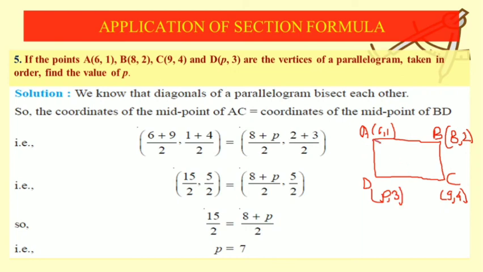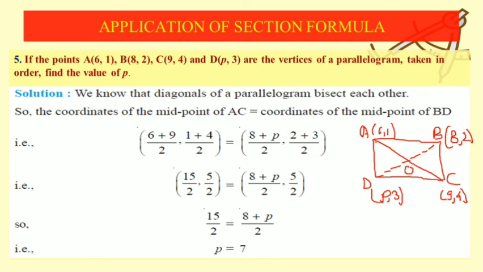If I take AC like this, and if I draw BD this way, to the point where these two will intersect, suppose this is O, this point of intersection will act as the midpoint for AC and BD both, because as we discussed, the diagonals of a parallelogram bisect each other, so AO will be equal to OC, similarly OD will be equal to OB.